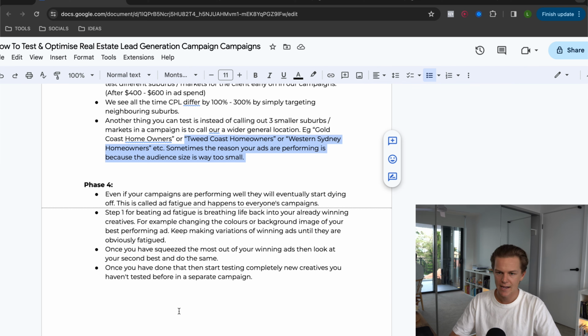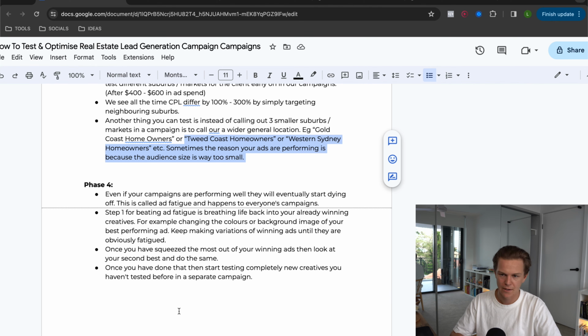Whereas with real estate ads, we are purposefully only targeting very defined geographic locations, because we can only physically service people in those locations. Therefore, because we're targeting a lot fewer people, our campaigns experience ad fatigue a lot more quickly, because it takes a lot less time for us to completely exhaust our audience.